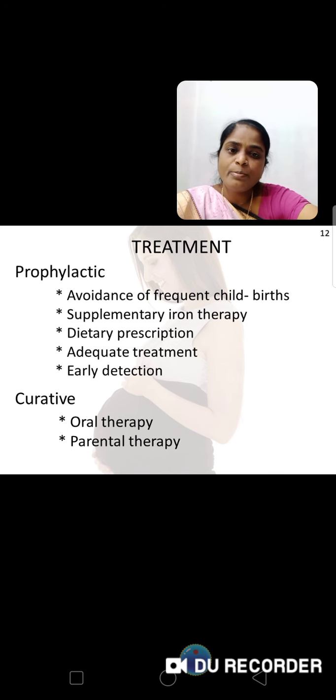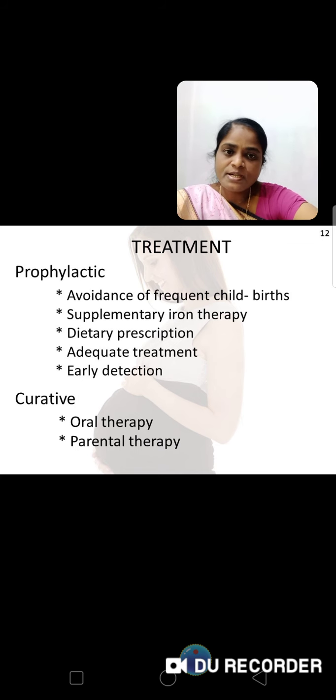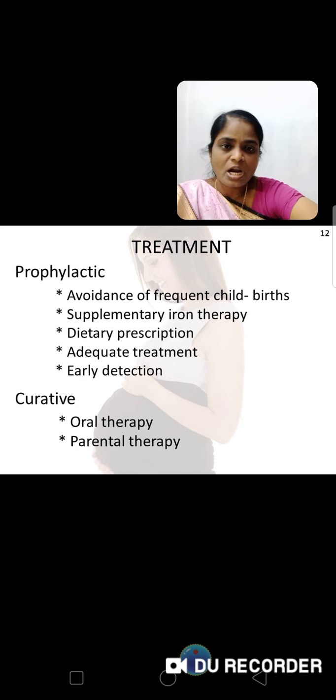In the first trimester, or pre-pregnancy itself, for mothers who are eligible or planning to become pregnant, at that time itself we administer folic acid and iron tablets, and we assess the hemoglobin level during the first trimester itself. Early detection may prevent a series of complications of anemia in pregnancy.